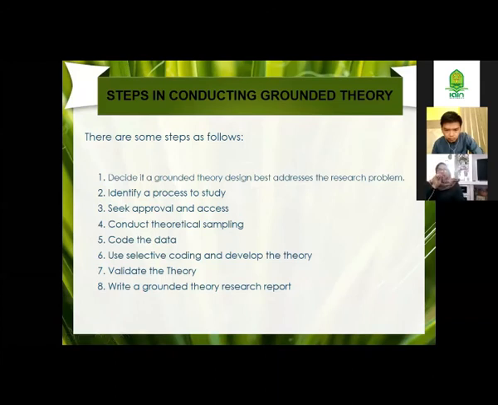The third is seek approval and access. The fourth is conduct theoretical sampling. The fifth is code the data. The sixth, use selective coding and develop the theory. The next one is validate the theory. And the last is write a grounded theory research report.